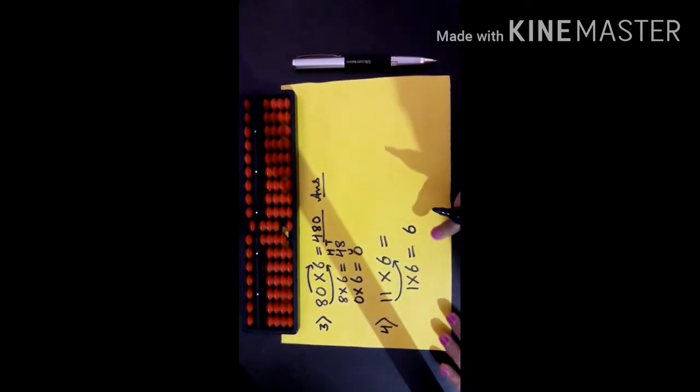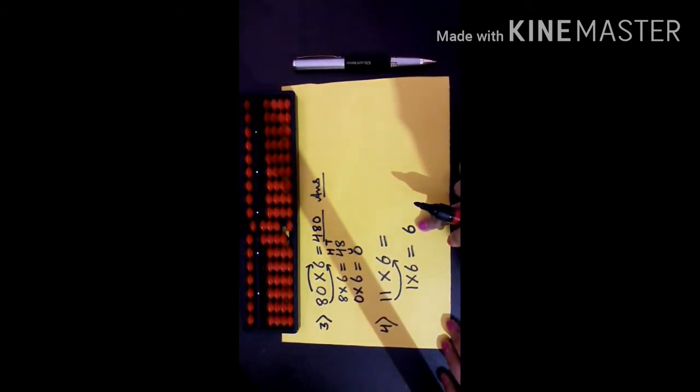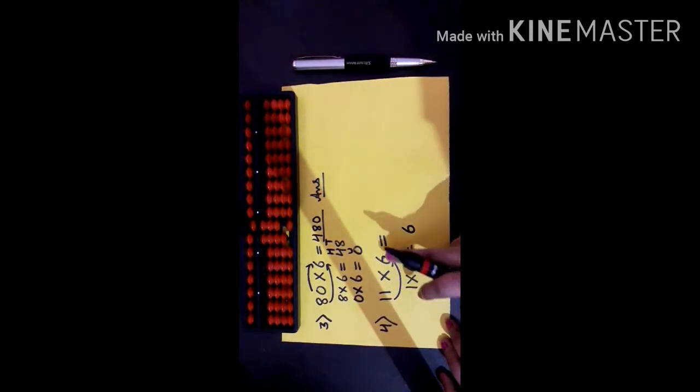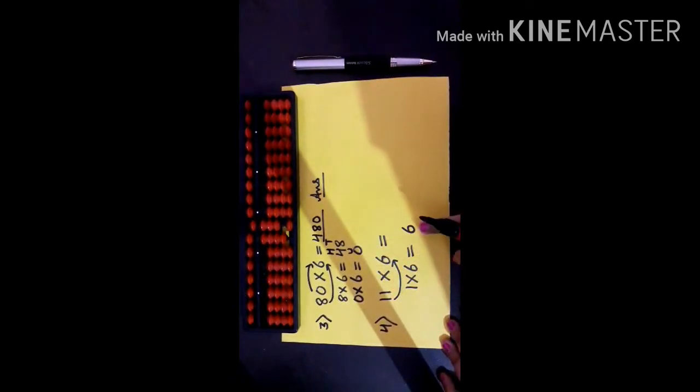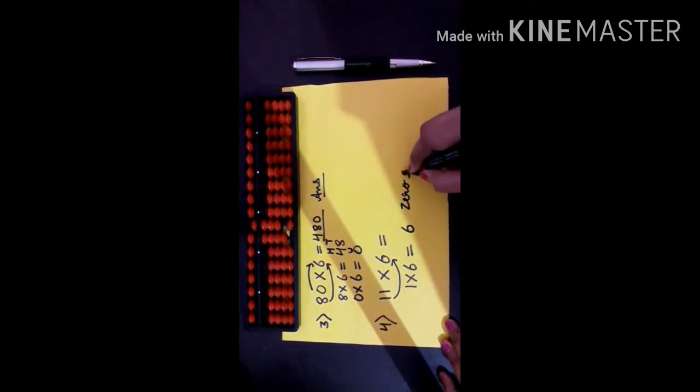If a single digit comes in the first place, meaning it is the first multiplication, you will apply the 0 rule here.